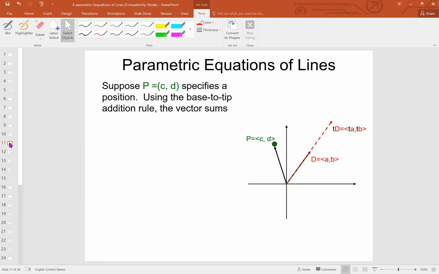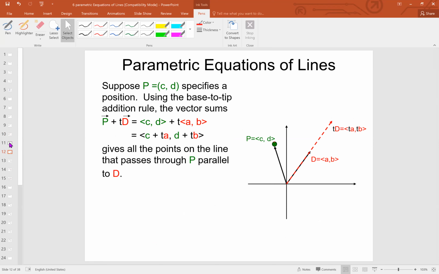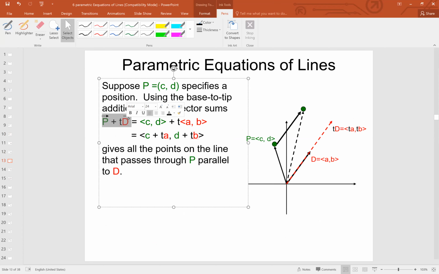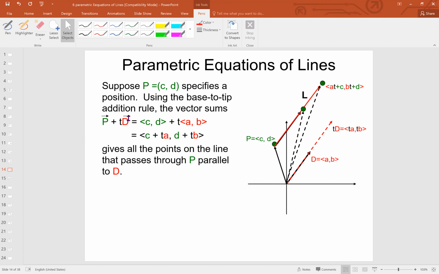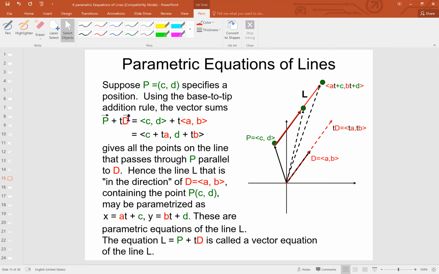The line passing through P in the same direction of d is just this vector equation: the point P plus the stretched direction vector. If I change the number t, I get different points on this line L. In particular, this is the set of parametric equations.